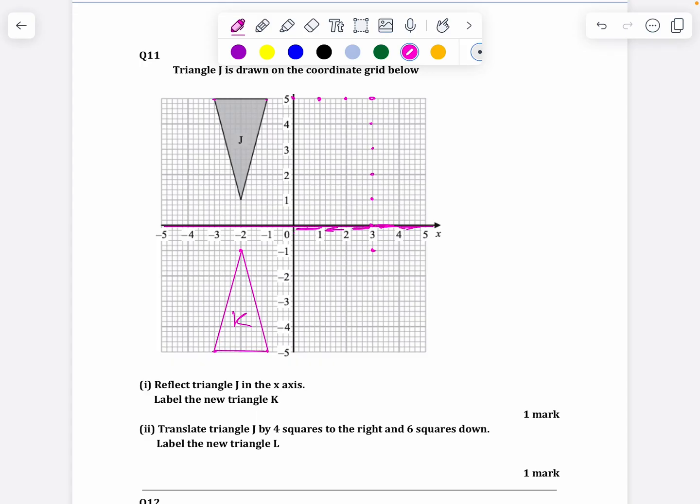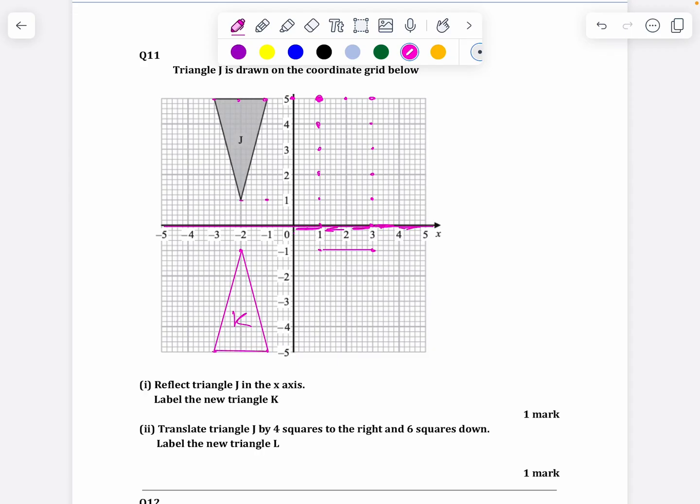Next corner, 1, 2, 3, 4 squares to the right, and then 1, 2, 3, 4, 5, 6 squares down. So that's where our 2 new corners are. And then I can quickly do this third corner.